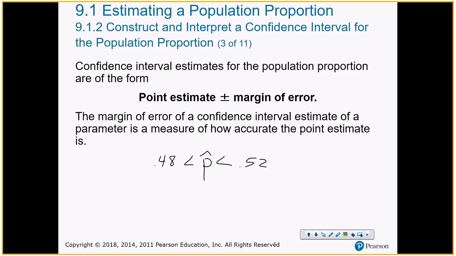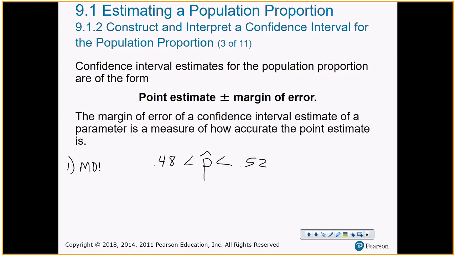What is p-hat if the margin of error is 0.02? 0.5. Good job. So you can find two things from what I just called the confidence interval: you can find the margin of error, and you can find p-hat just by looking at it. So write that down. You can find the margin of error, and you can find p-hat.